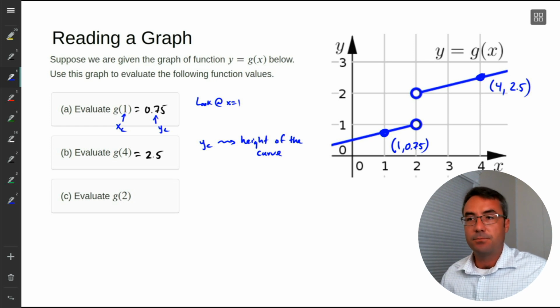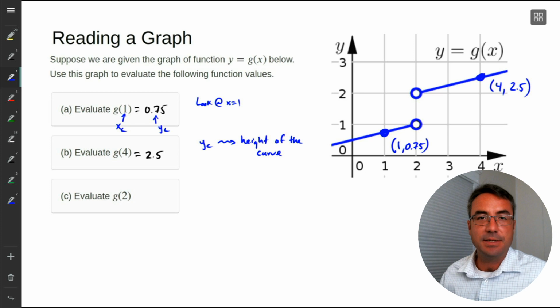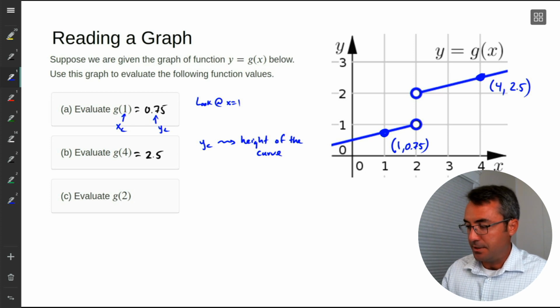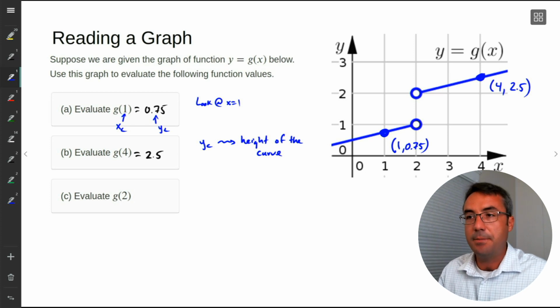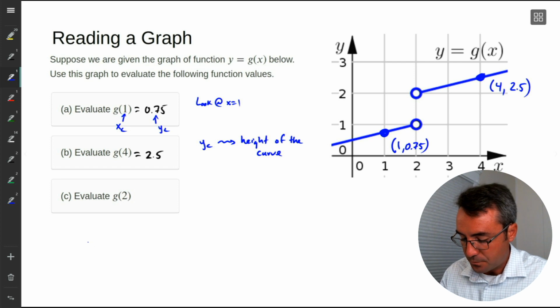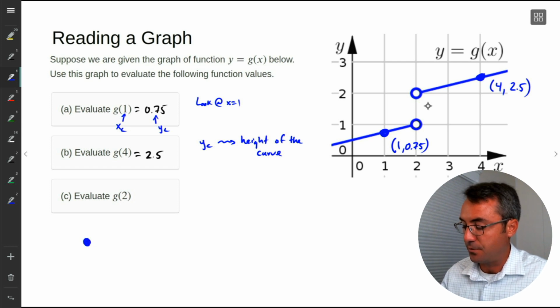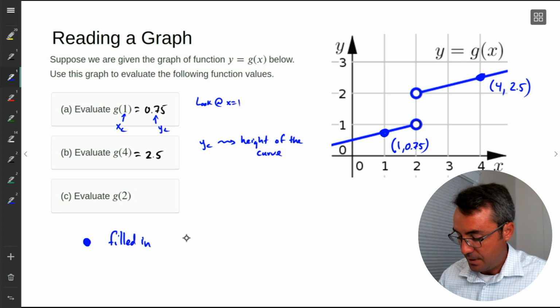And so we're going to see this quite a bit in a lot of the examples we do in this course. It's more of a matter of convention here. When we have a filled in dot, like these over here, what does this mean?